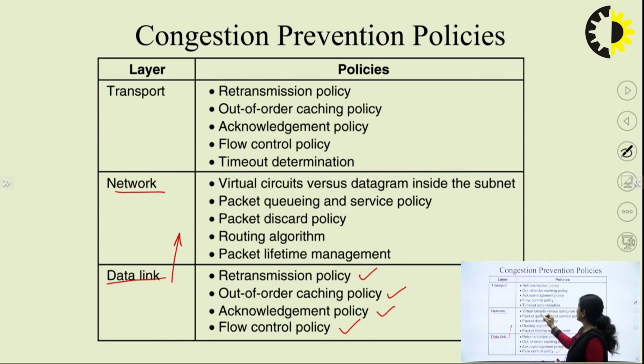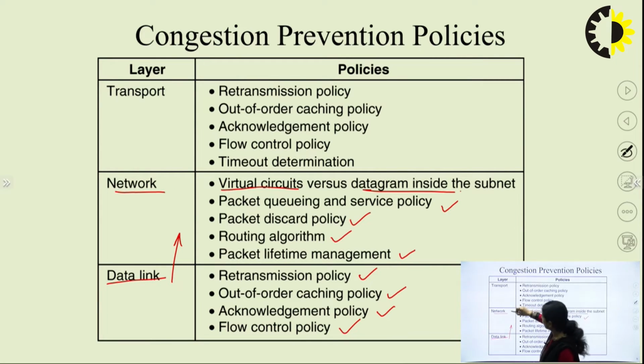Here, virtual circuit versus datagram inside the subnets, packet queuing and service policy, packet discard policy, which packet to discard and when to discard, all the decisions related to discard of packets. Then routing algorithm, as we have already discussed in the previous lectures. Packet lifetime management, how to do that.